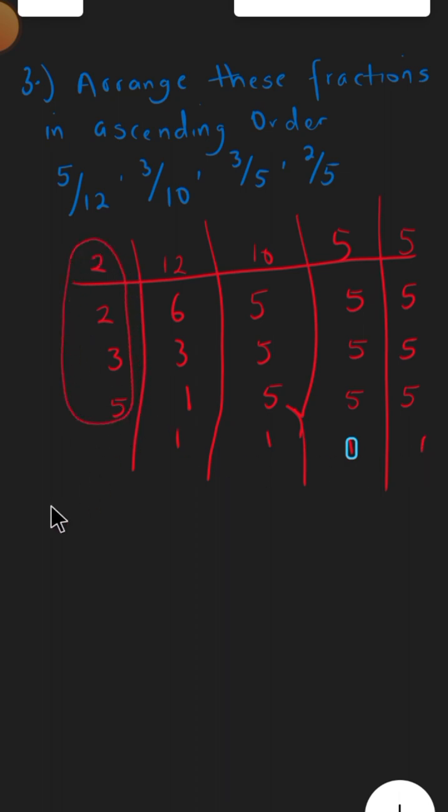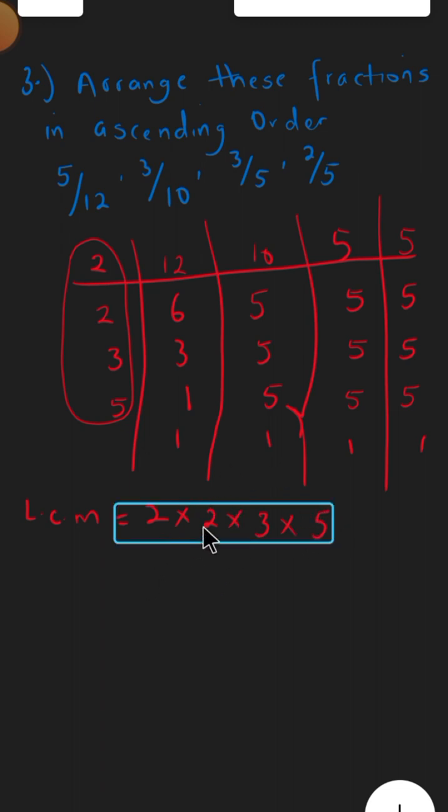So our LCM will be equal to 2 times 2 times 3 multiplied by 5. 2 times 2 is 4. 4 times 3 is 12. 12 times 5 gives us 60. LCM here is 60.